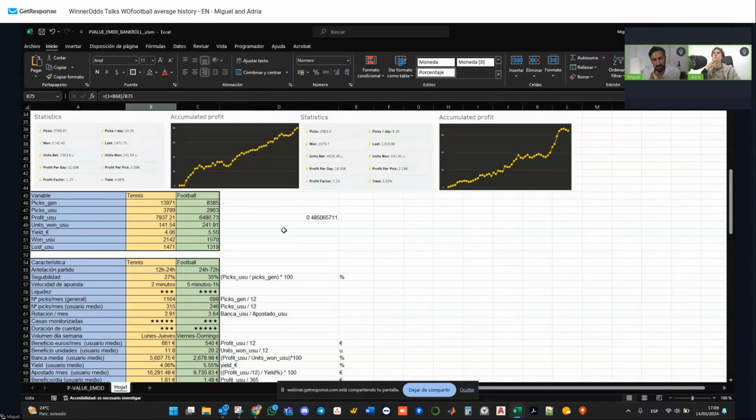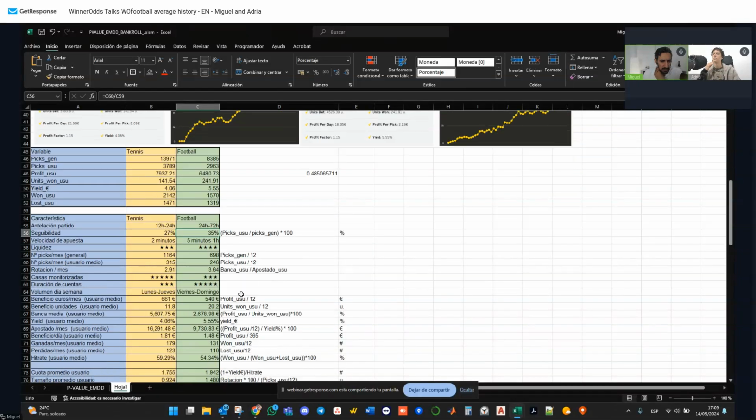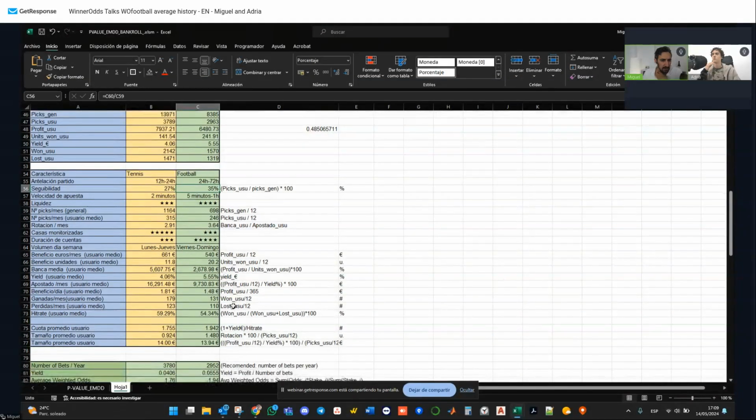They differ a lot at this moment, and there is something that compensates, because we have much more bets than for football, but the followability of football is slightly higher, and the yield obtained at this moment is also a little bit higher than for the average user in tennis.